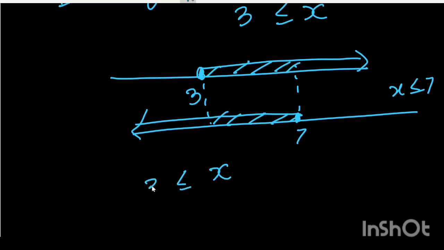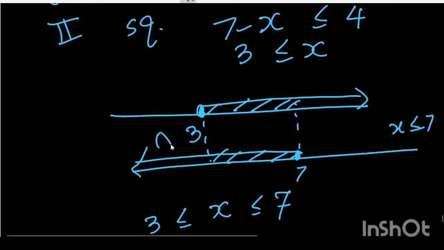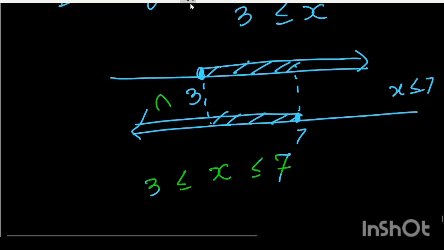It is rather 3 to 7, which was obtained by taking the intersection with the domain. So in the second step, we have to take the intersection with the domain after solving the inequality, and what you obtain after taking the intersection would be the final solution, guys.